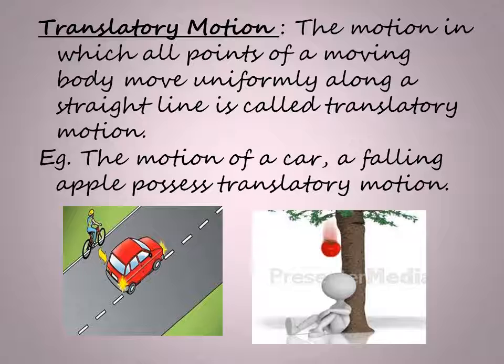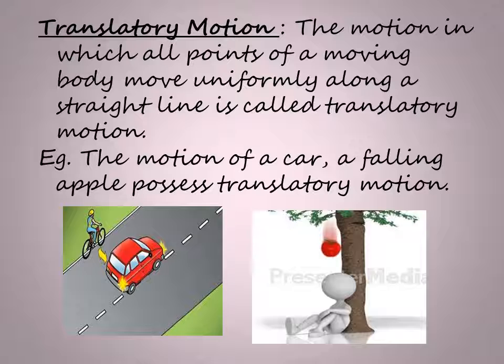Then we have a falling apple. It is dropped from the tree to the ground uniformly, in a straight way. It doesn't go far away from the tree, and that is due to gravity. These are all examples of translatory motion.